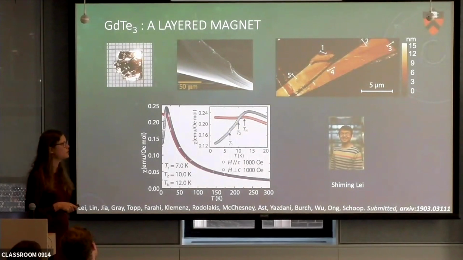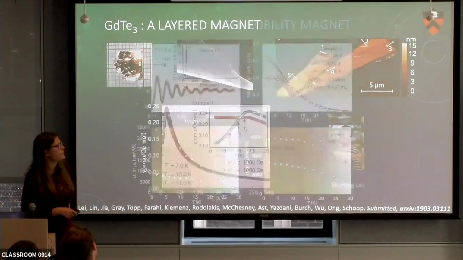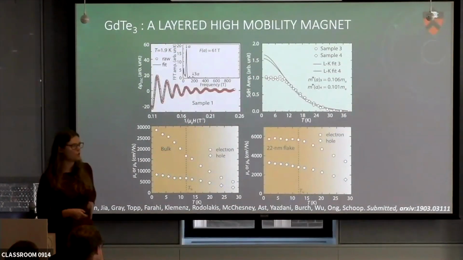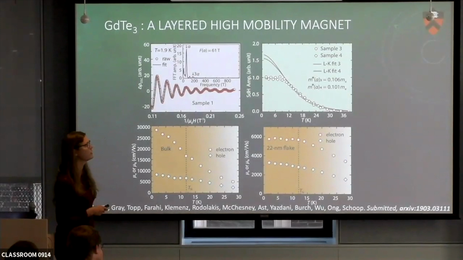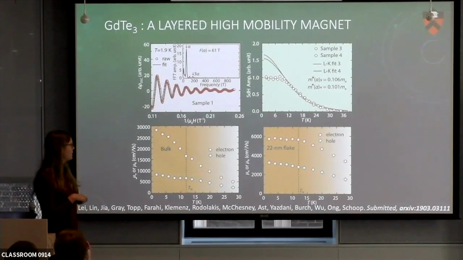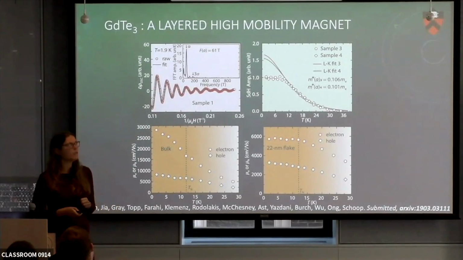And so first of all, we checked if we actually can exfoliate these materials, and you can exfoliate them to thin flakes. They're also still magnetic. And what was surprising to us, and what we actually were hoping for, is when we put the bulk crystals in a magnetic field, we see beautiful quantum oscillations. At the beginning, we reached mobilities of 30,000 centimeter squared per volt second in the bulk crystals.